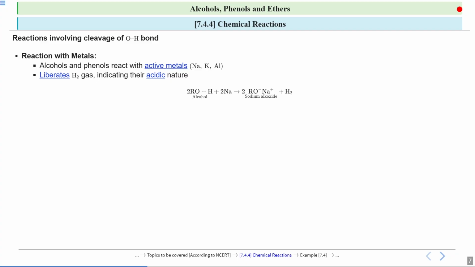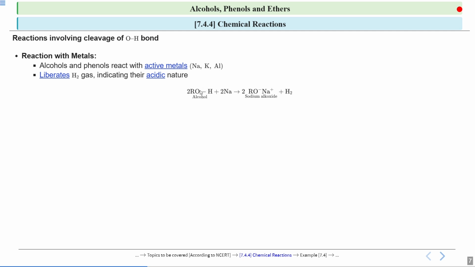So look at this reaction. What do you have here? Alcohol, that is ROH. Now see, the reaction is balanced. Here you have an alcohol and here you have sodium, which acts as a metal. When this alcohol reacts with a metal, that is sodium, you form a sodium alkoxide, that is RO minus Na plus, because this alcohol is acting as an acid.